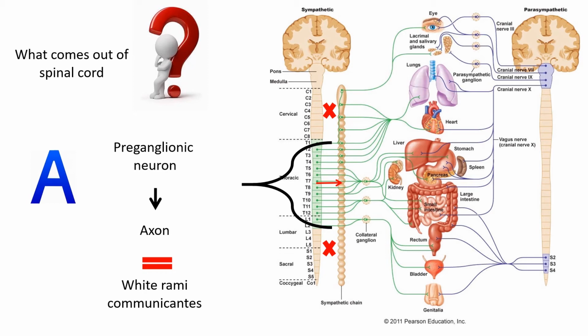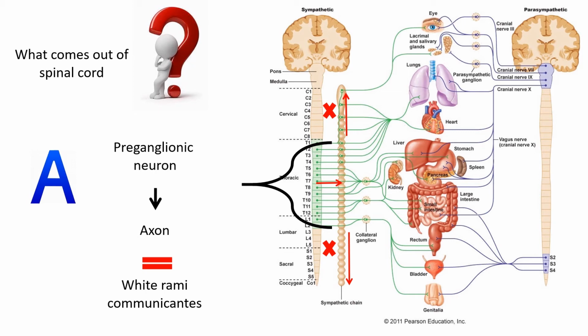How do they receive their white rami? They receive it from the upper thoracic ganglia, and the lower ones receive it from the lower lumbar ganglia. So, do all ganglia of the sympathetic trunk receive white rami?